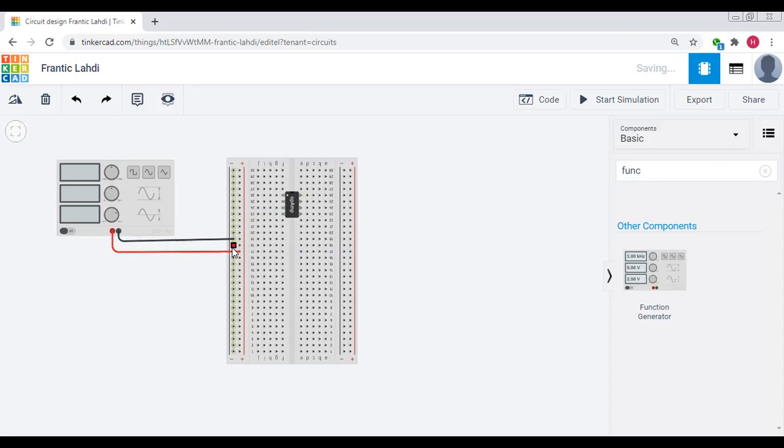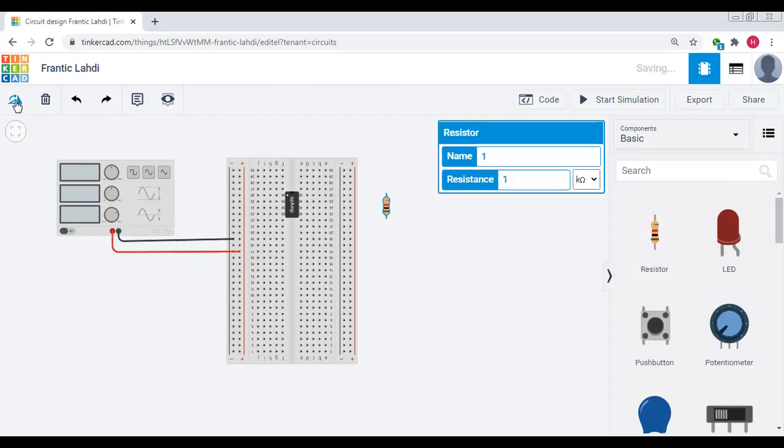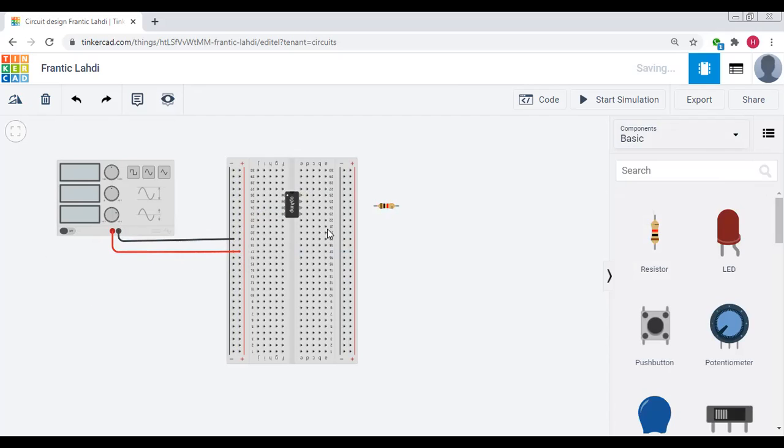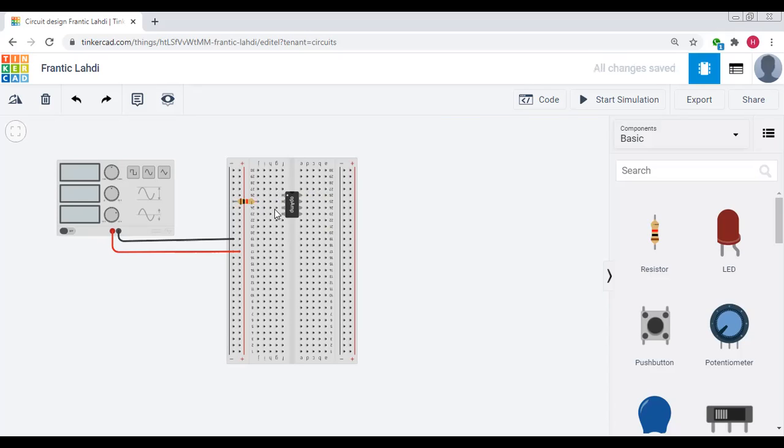Now we search for the resistors. Here this is my resistor that has a value of 1 kilo ohm, and we place it; this is our resistance R1. By the circuit diagram, we know that the second number pin of this operational amplifier is ground.